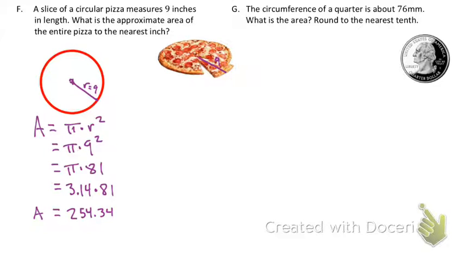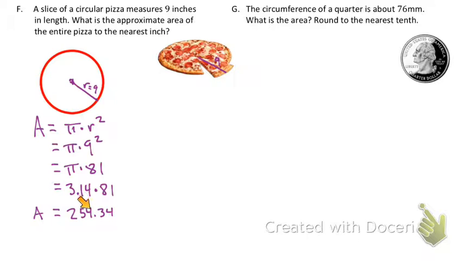Okay, so that's our calculation, but if you notice, we want to approximate it to the nearest inch, which means we have to round. So we don't want any decimals in this particular problem, so the rounding, hopefully you learned this in elementary school, is we want to cut it off at the whole number 4, but we look here, does this number after our cutoff point change our number 4?